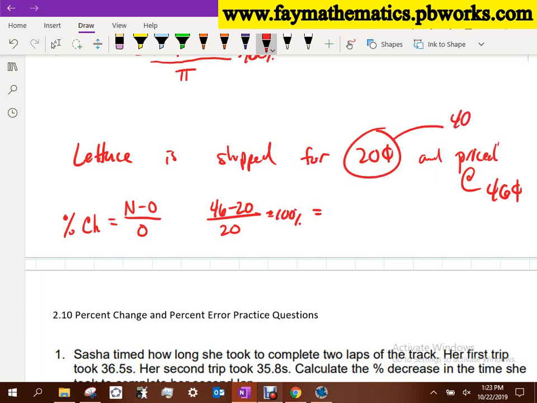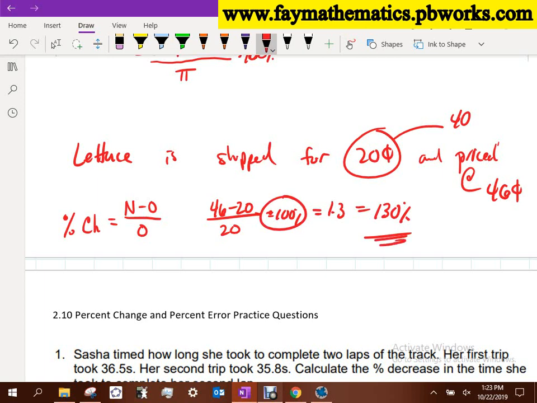So you're going to see that this is more than a doubling process. If I take 46 minus 20, that's 26, right? Then 26 divided by 20 as a decimal is 1.3. And if I multiply that by 100%, it gives me 130%.